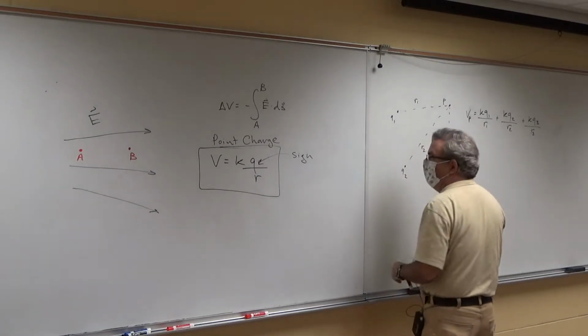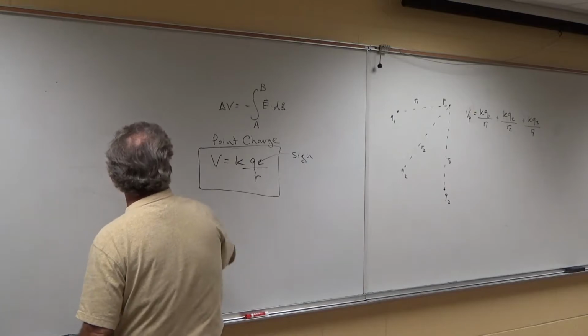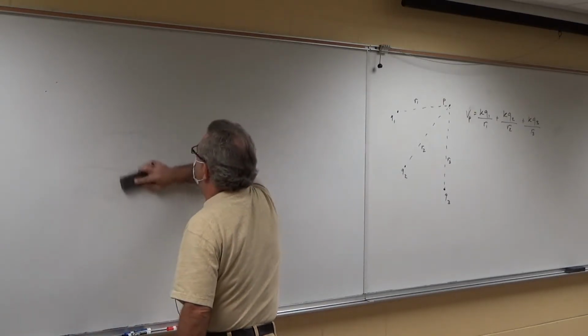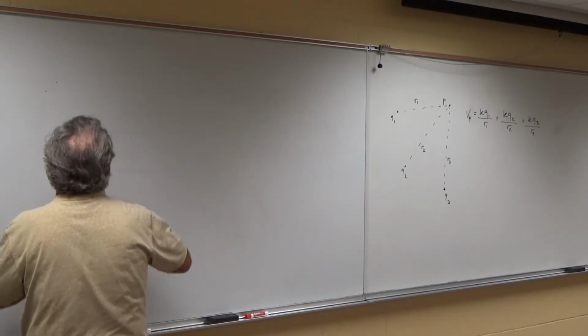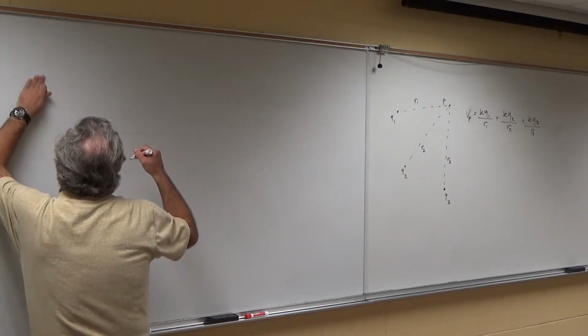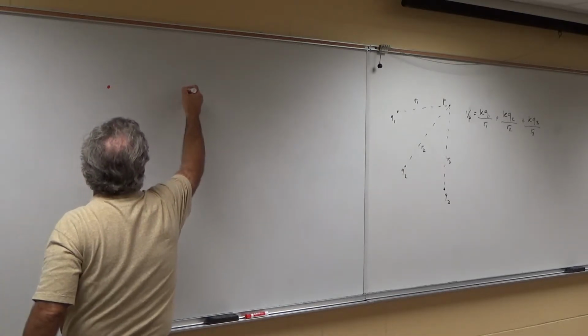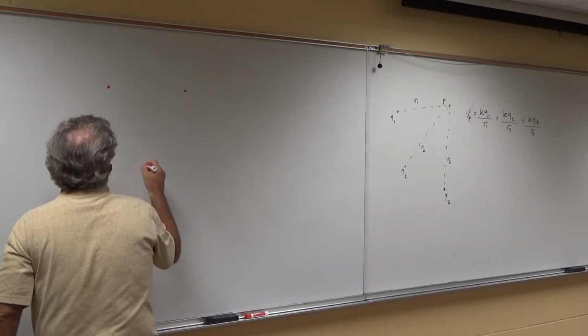Let's look at an example of this. I better erase this. So I'll arrange some point charges, and there was a problem on the homework like this, except you had to calculate the field. I'm going to calculate the potential.